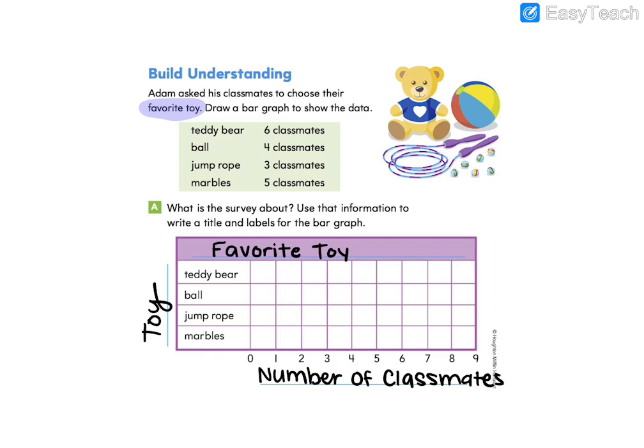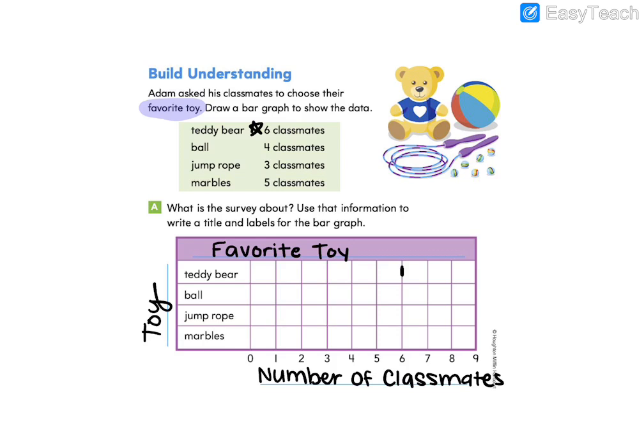Letter B below asks you, how can you draw a bar to show how many classmates chose the teddy bear? We know that 6 classmates chose a teddy bear, so I'm going to mark a little bit on the end for 6.